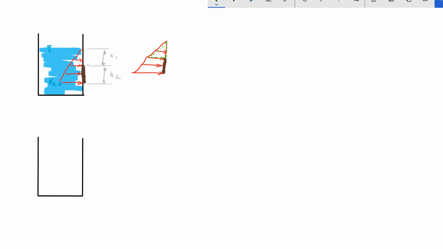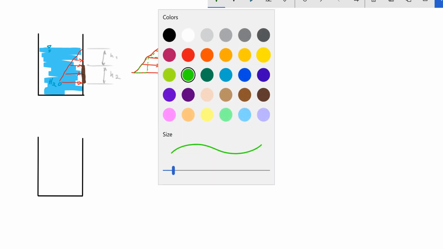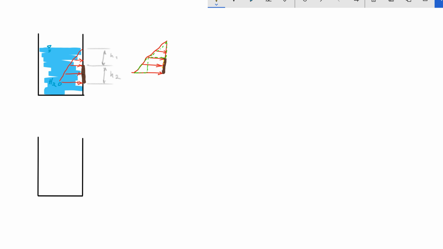Another triangle here, and a rectangle here. So let's draw a little bit more clearly. They're separate now. It is going to be like this.